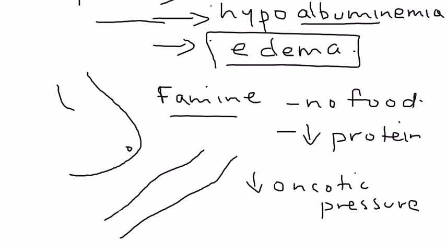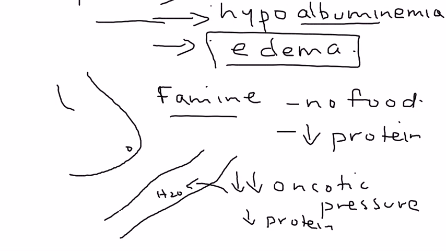Oncotic pressure is basically a pressure that involves proteins, and it tends to pull water into the circulatory system. That's what oncotic pressure does. When you have low protein levels, the oncotic pressure becomes lower, so the water doesn't come back into the circulation.